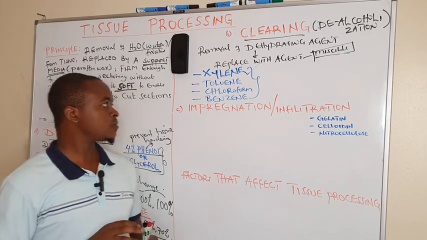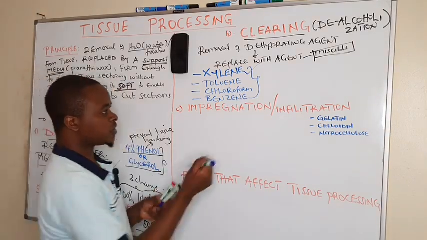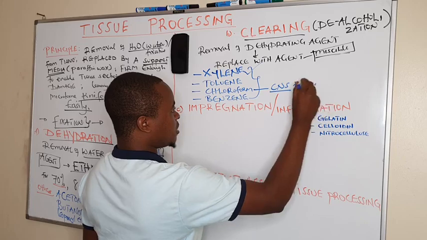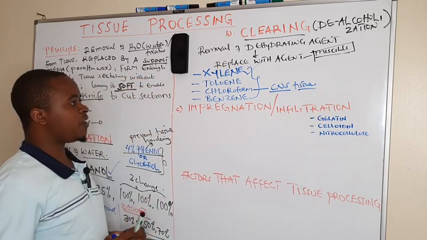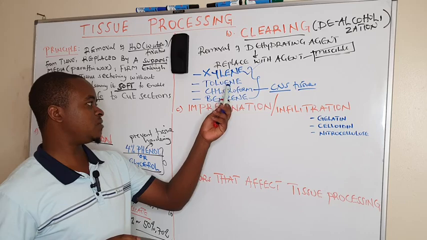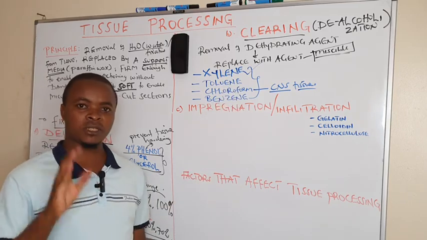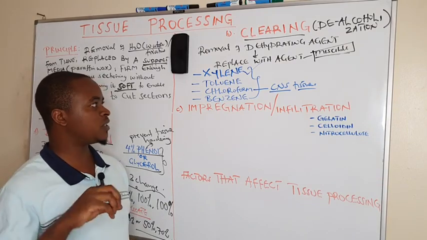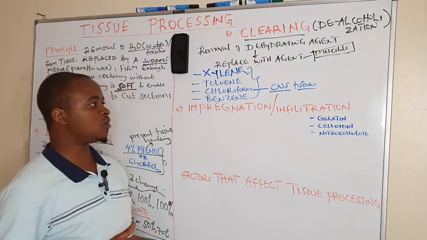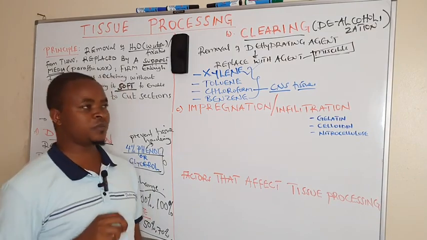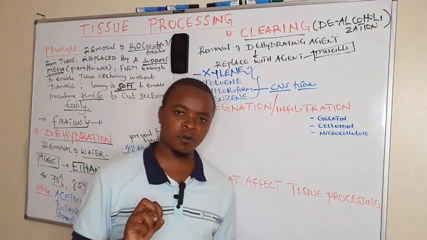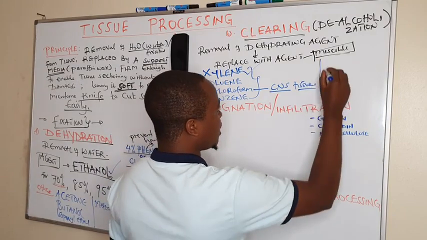Chloroform is suitable for CNS tissues, central nervous system tissues. Chloroform is very fast, and it does not cause brittleness. Then benzene is very slow acting, but still does not cause brittleness of the section. But xylene is very fast acting, but causes brittleness in case it takes longer during this clearing. And the major aim of clearing the sample is to make it transparent.